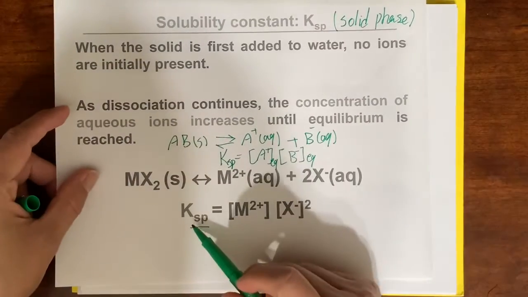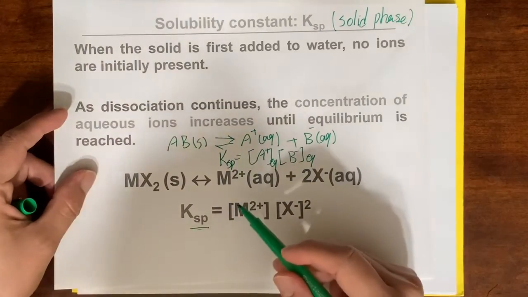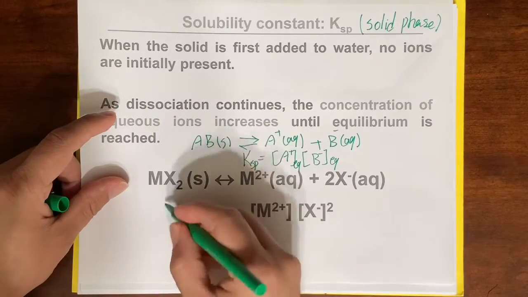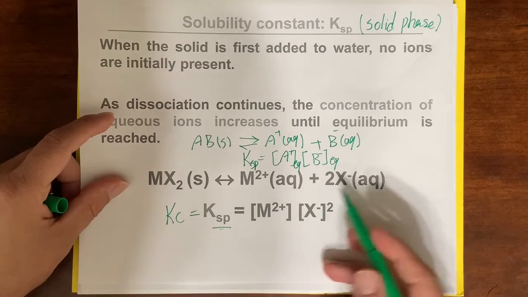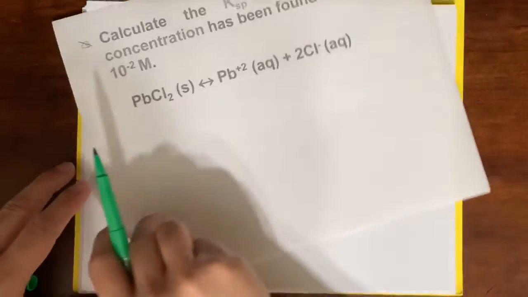The only difference is that we give SP as a subscript for it. So I can call this one KC because I'm using concentration for every product. Here, look at this question.